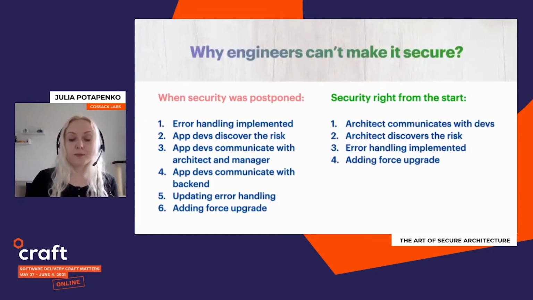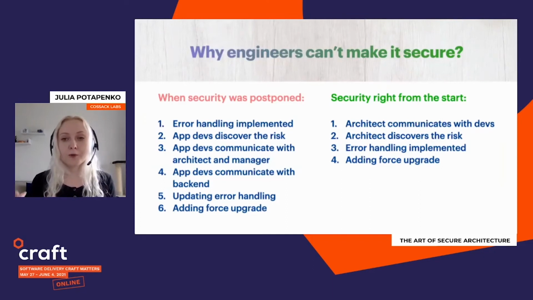But as you can see, if we thought about this feature from the very beginning, if we thought about all the risks at the moment we were designing our architecture, when the architect, for example, communicated with the dev team, they could identify these risks at the very beginning.